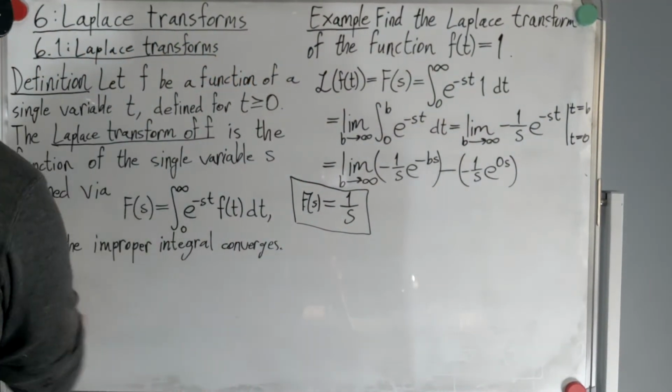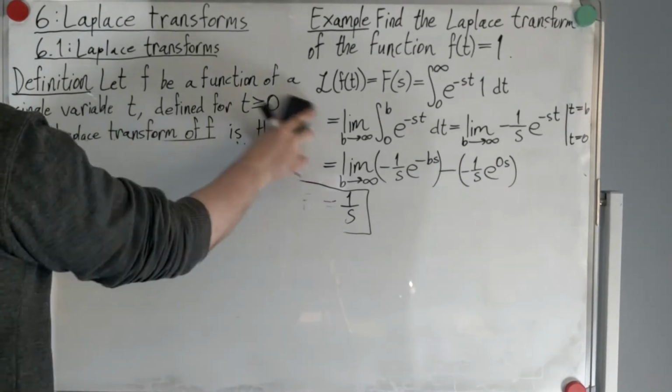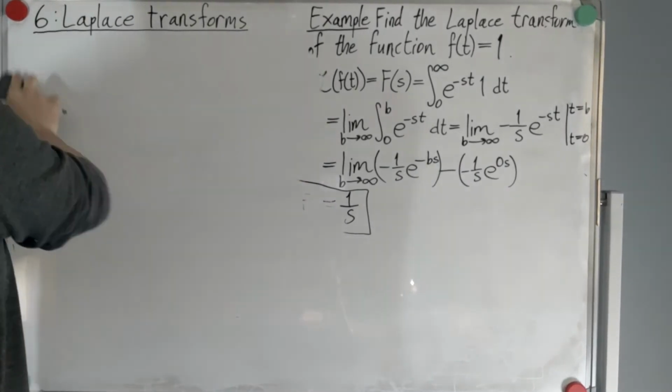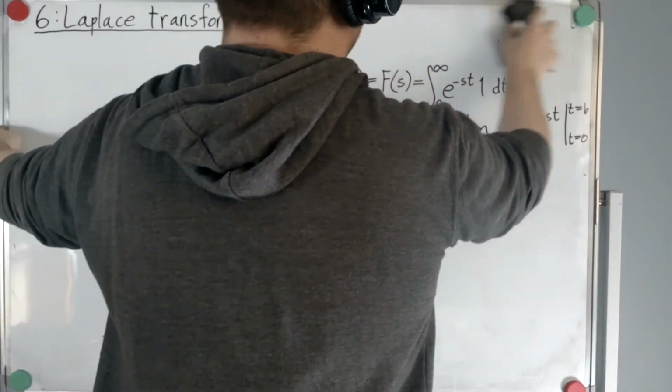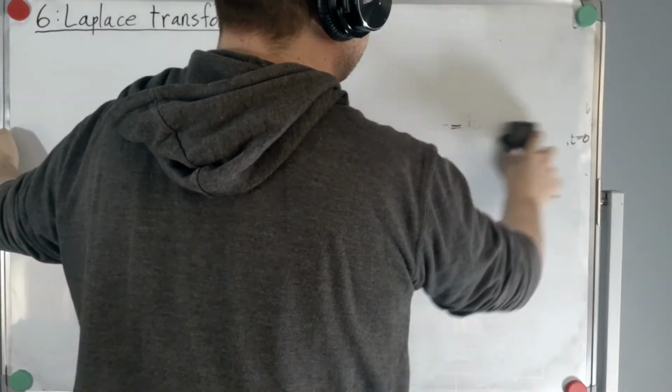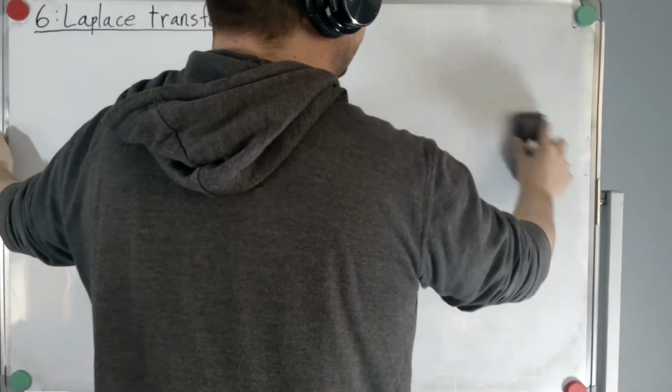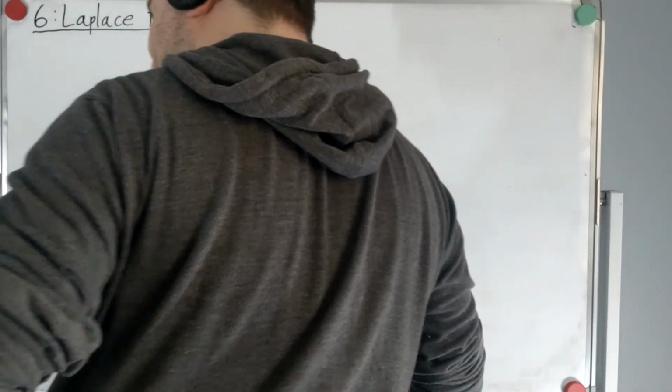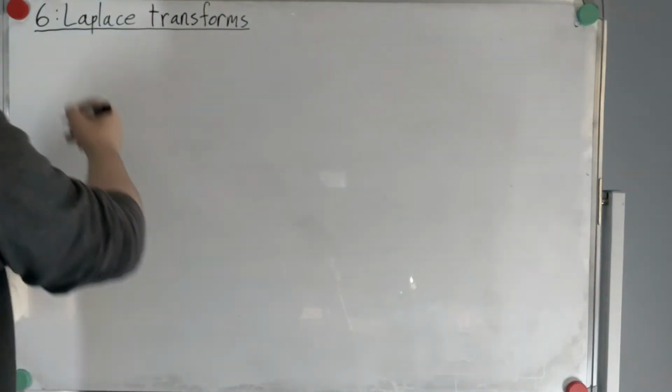Now, let's do one more example. For this one, I'm going to define what we're going to call the unit step function, or Heaviside function. So, definition.